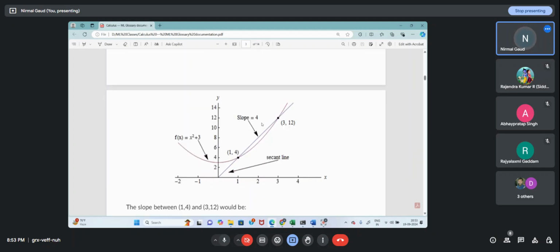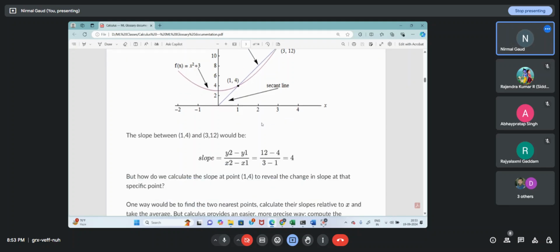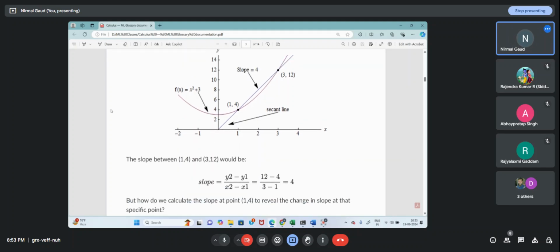X square plus 3 is a curve. Okay, so here is the equation: x square plus 3, the point 1 comma 4 and the point 3 comma 12. Okay, we have two points, so we need to calculate the slope between 1 4 and 3 12.